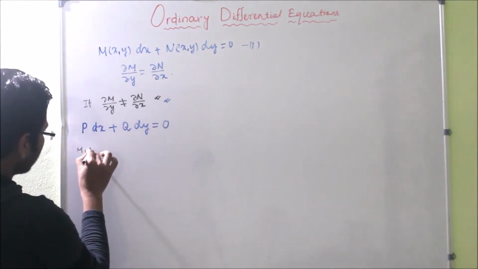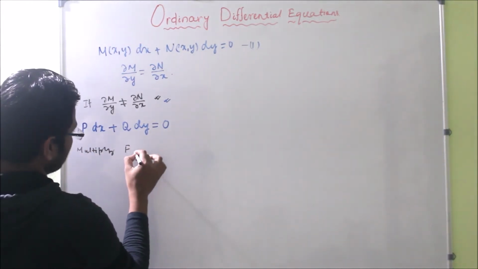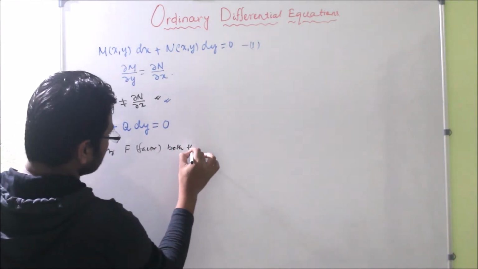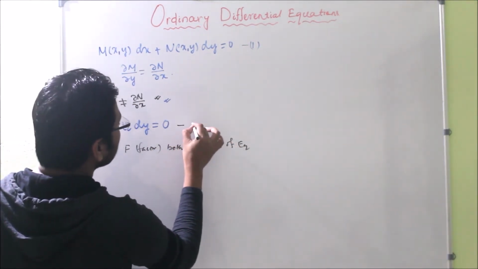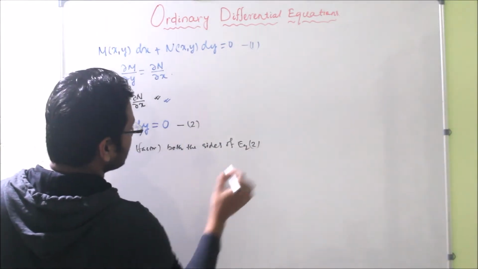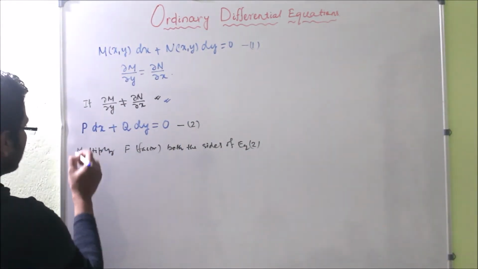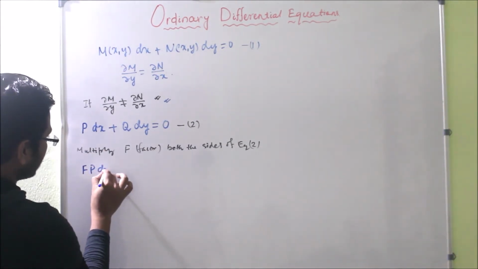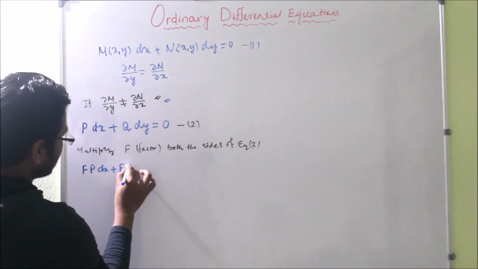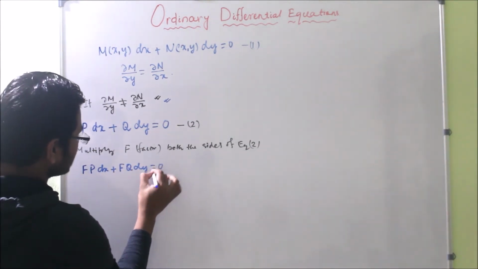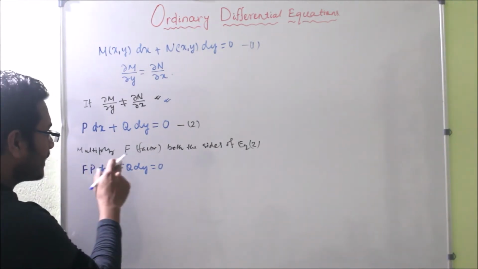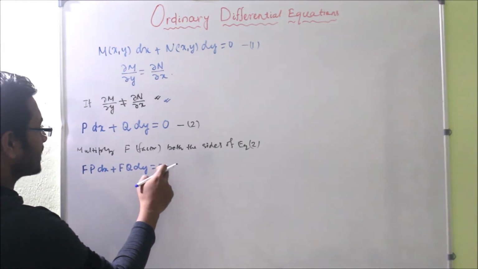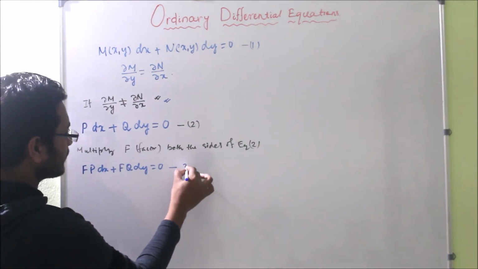We will multiply f, the factor, to both the sides of equation 2. Then the differential equation will be fP dx plus fQ dy equal to 0. So we are assuming that after multiplying f, we will get the exact differential equation. So this will be equation 3.